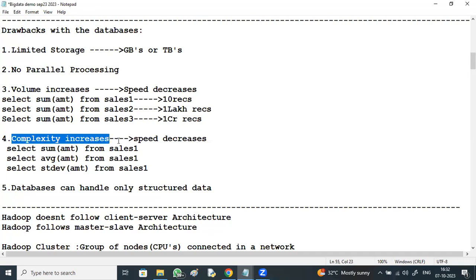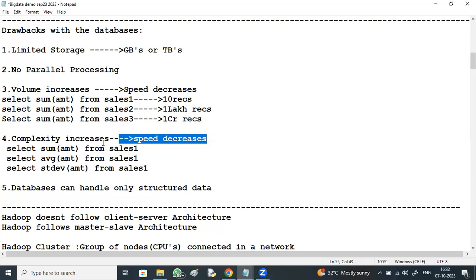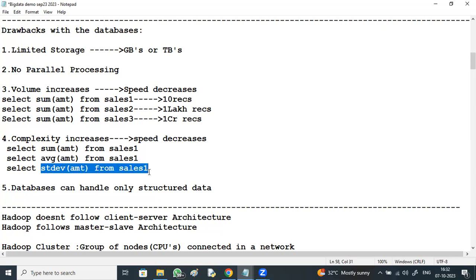If the complexity increases, speed decreases. Total amount from sales one, average amount from sales one, standard deviation of amount from sales one.